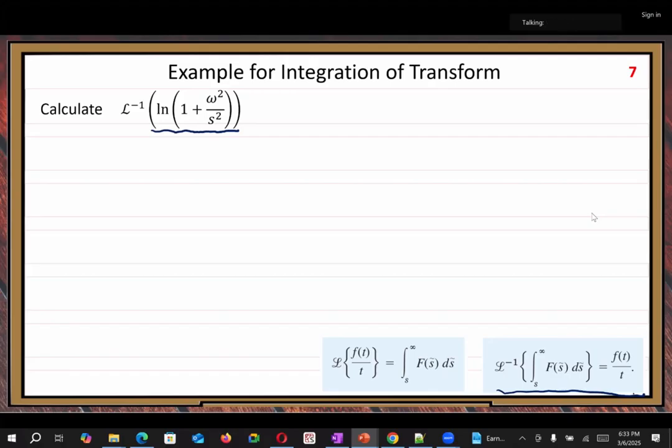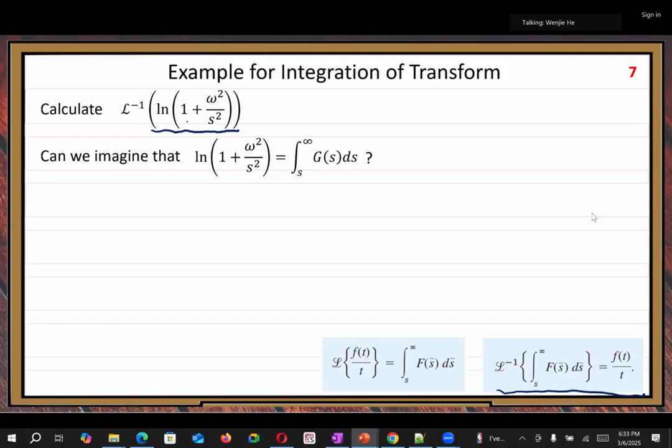The first thing: can you see an integral? This is a little hard to see.